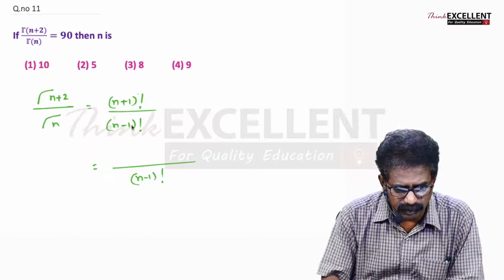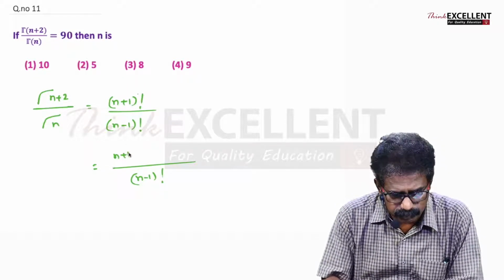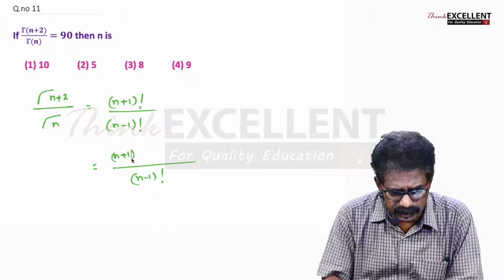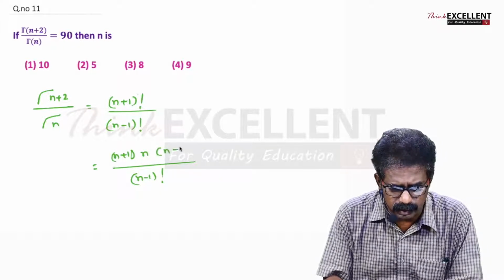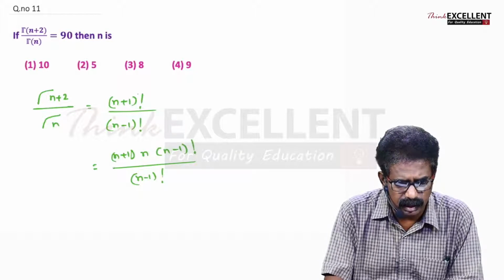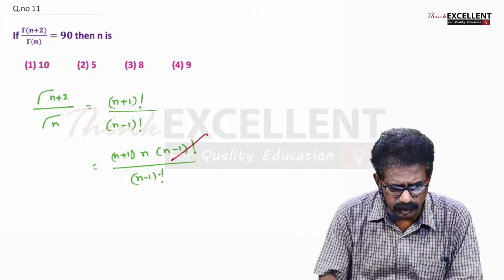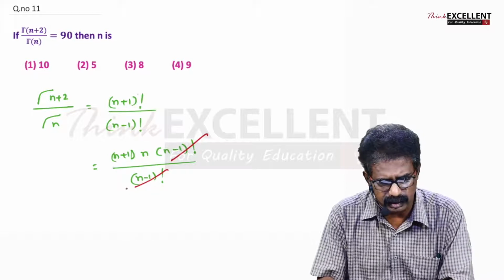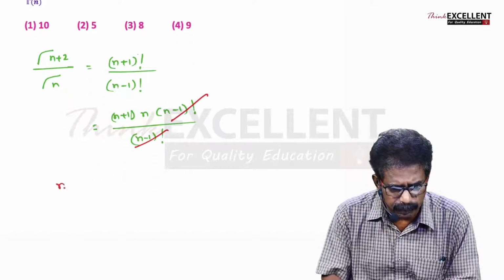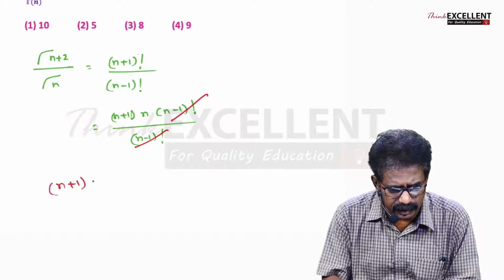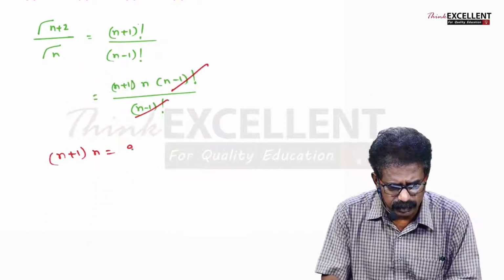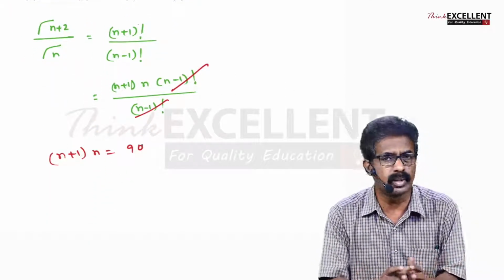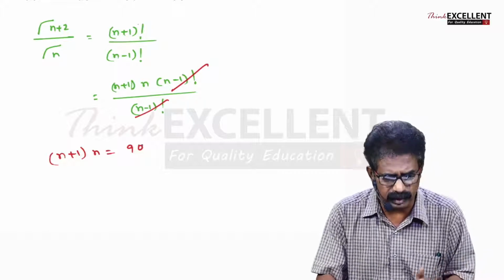So n plus 1 factorial is n plus 1 into n factorial, or you can write n plus 1 into n into n minus 1 factorial. You stop here because we have n minus 1 factorial here also. So this leaves n plus 1 into n, and in the question they have given us 90. You can expand and solve a quadratic, but don't waste time.